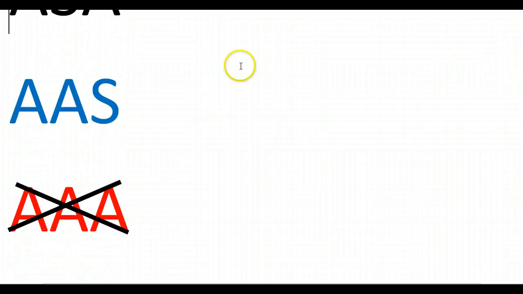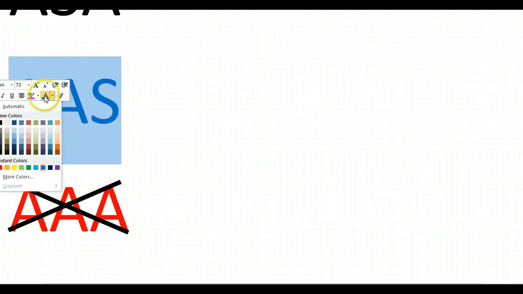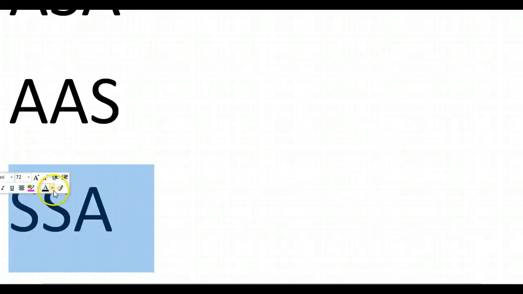Then we even tried having two angles and the side that's not in the middle between them. So maybe it would work if we had two sides and the angle that's not between them. That would look like this. Side, side, angle. So this is the one that we're going to look at right now.